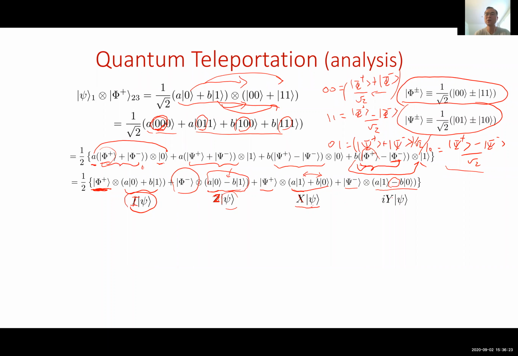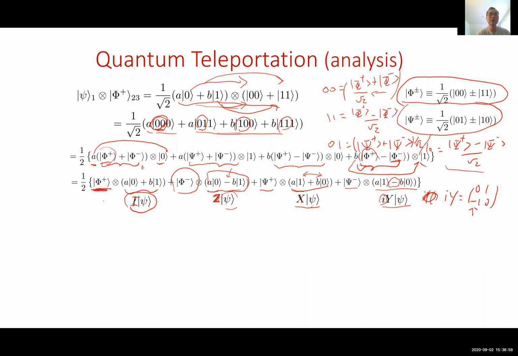This one is Y times the original state up to a factor of i, because iY is this. They basically have a sign difference. So the upshot is using the three rules that we have seen. Actually, we just use linearity and recombine everything. This is really just superposition, depending on how you arrange that.